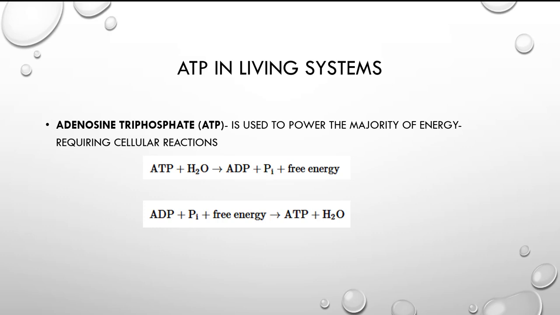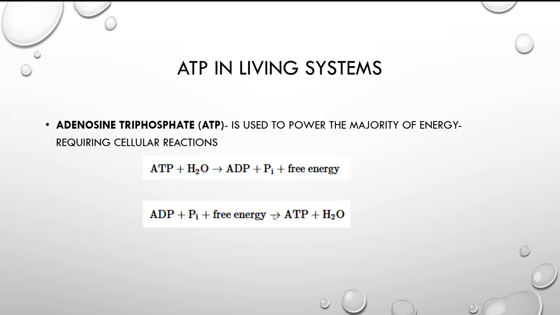This type of reaction is useful because it can actually reform very easily back into ATP. So the ADP and the phosphate can reform into ATP through a dehydration synthesis reaction with a little bit of free energy.